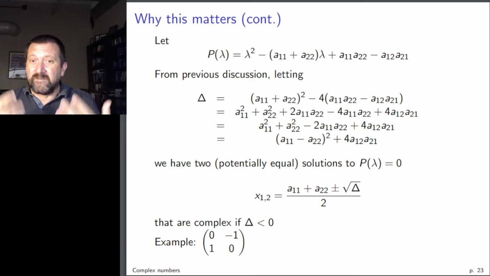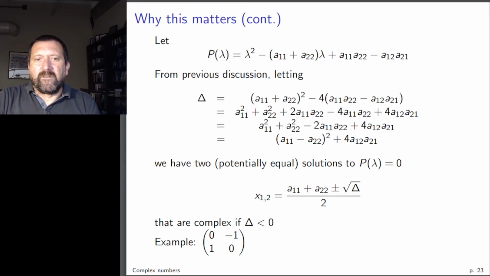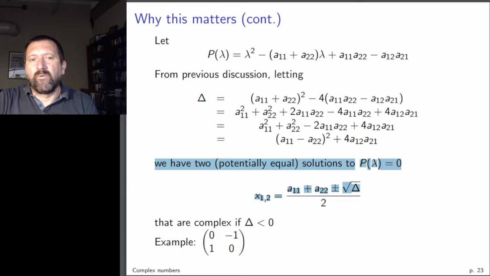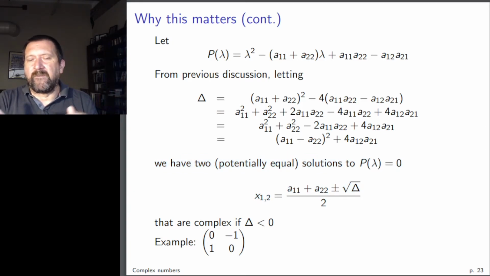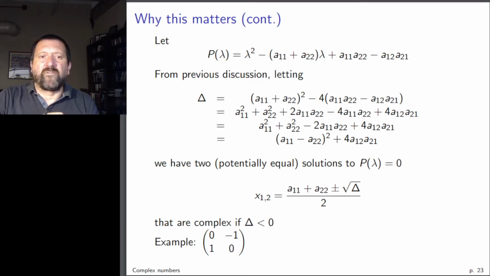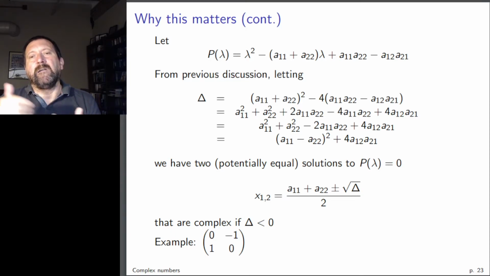But using the method I showed before, if delta is negative, then I take i times the square root of minus delta. And so here we see that allowing solutions to be complex, we find two potentially equal solutions, that's if delta is equal to 0: x1,2 equals a11 plus a22 plus or minus square root delta, over 2, where square root delta might be i times square root of minus delta if delta is negative.